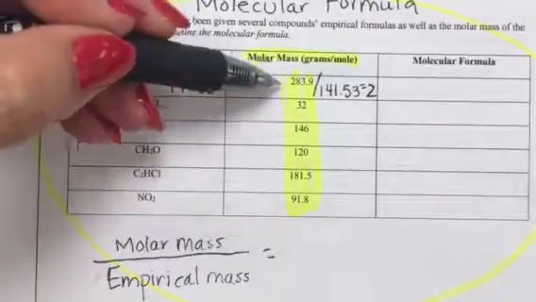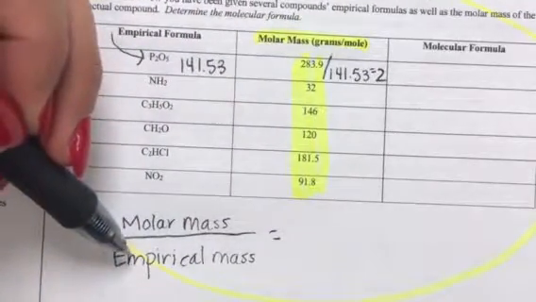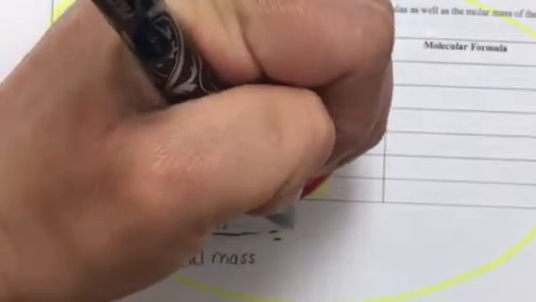So really when you're dividing your molar mass divided by the empirical mass, the number you get is what you multiply.